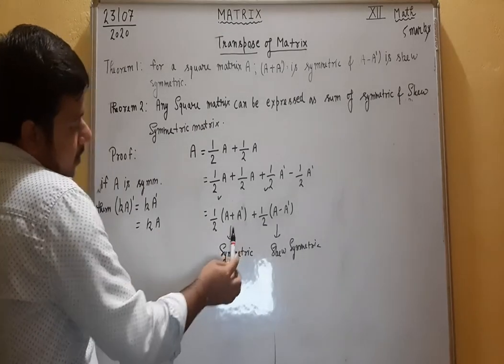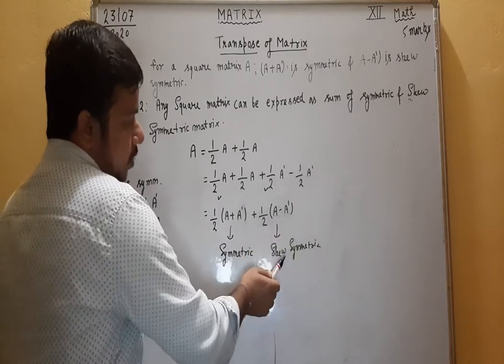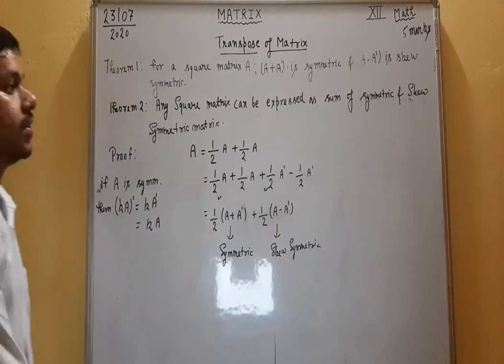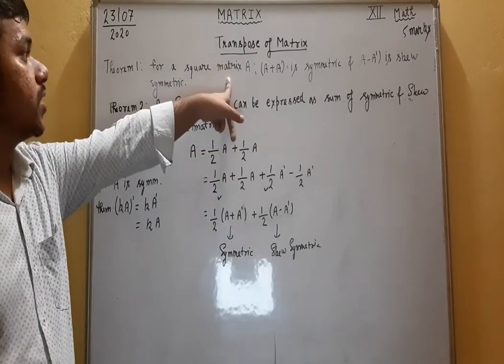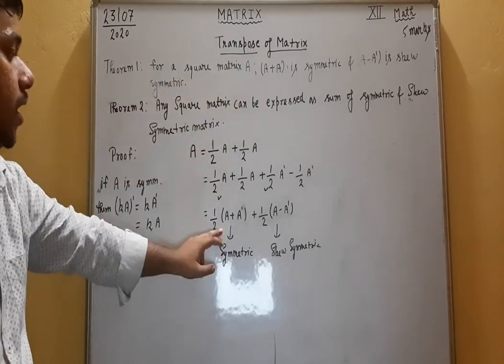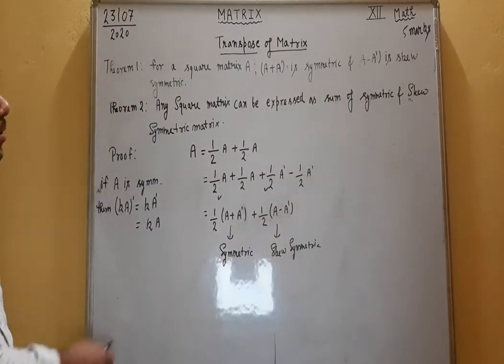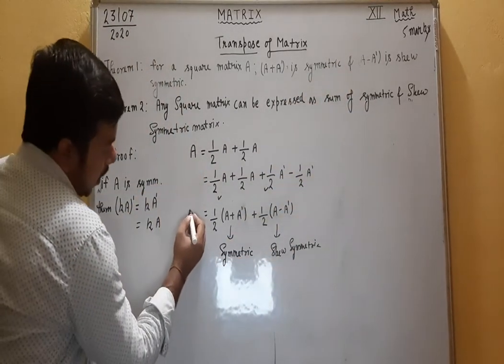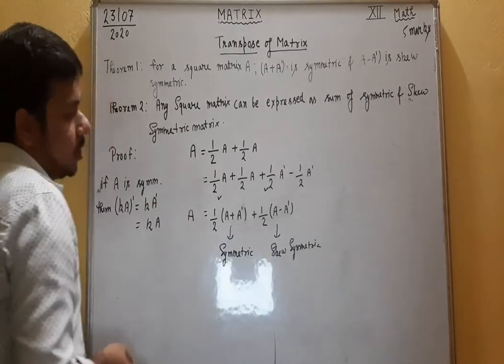If A plus A dash is symmetric, then half of A plus A dash is symmetric. If A minus A dash is skew symmetric, then half of A minus A dash is skew symmetric. And this symmetry is proved in the first theorem already. A plus A dash is symmetric, A minus A dash is skew symmetric. Means any square matrix can be expressed as a sum of a symmetric and skew symmetric matrix.